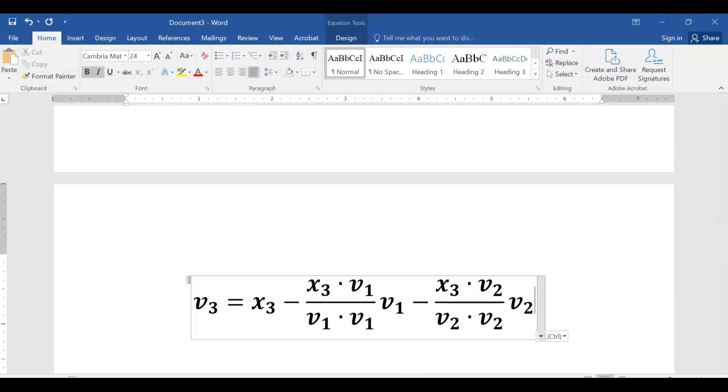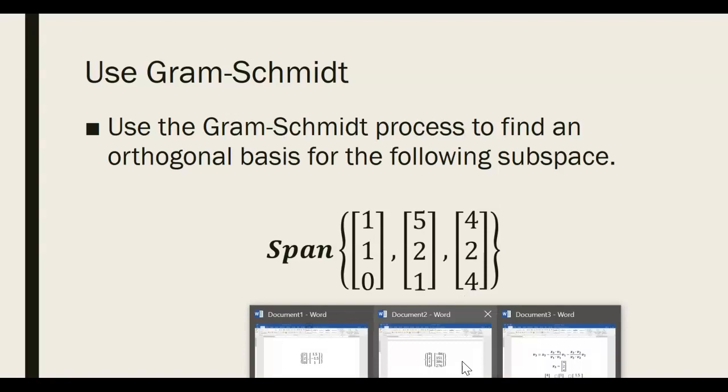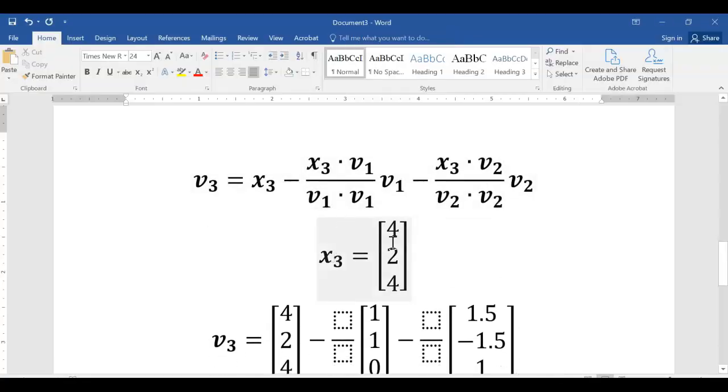Now, in this situation, let's go back to the slide. So the slide looks like this. And we have our x1, our x2. 4, 2, 4 is our x3. So going back to our worksheet, x3 is 4, 2, 4.